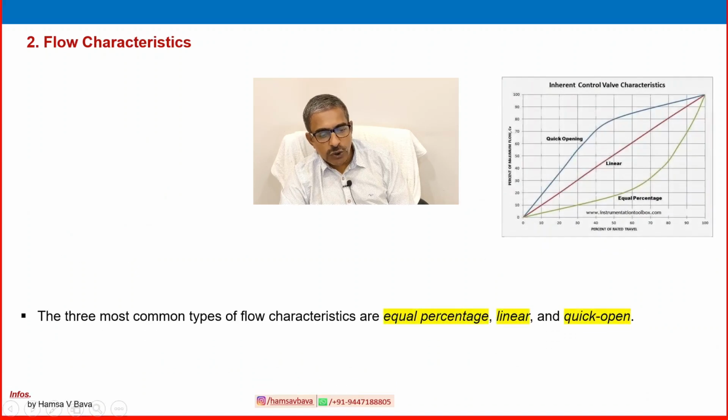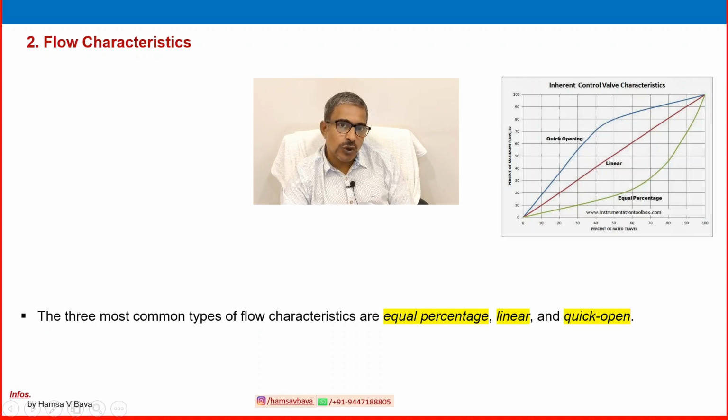The three most common types of flow characteristics are equal percentage, linear and quick open. Linear is the ideal one in the center, and quick open is the fast opening, used in some special types of valve, and equal percentage is below the linear level.